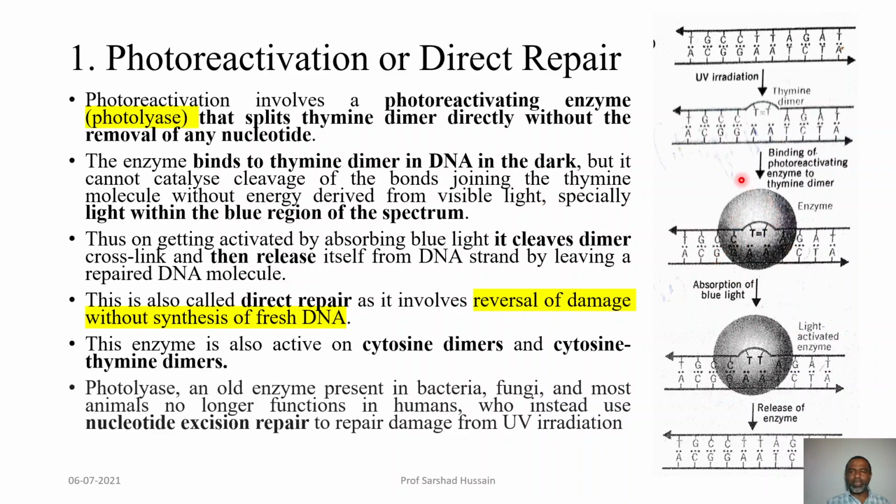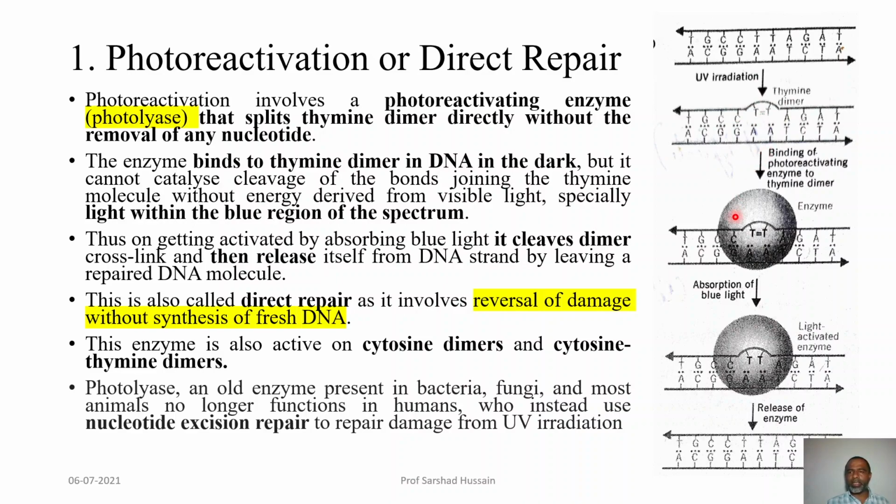So, this enzyme is otherwise present in inactive form, but after absorption of light it will get activated and perform the function. It is called photoreactivation, and it is called direct repair because no new synthesis of the damaged part of the DNA takes place. It will just reverse the change that has taken place.